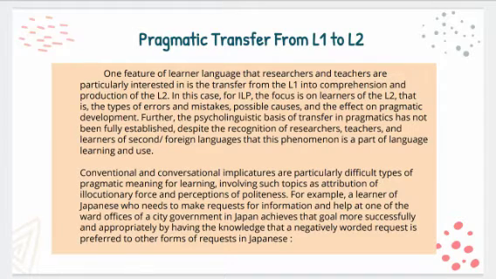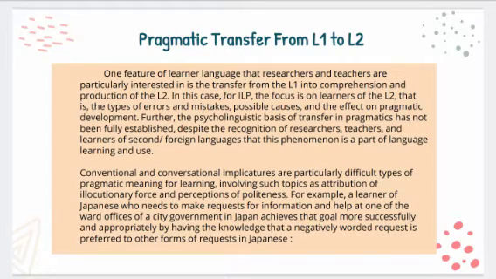Further, the linguistic basis of transfer in pragmatics has not been fully established, despite the recognition by researchers, teachers, and learners of a second language that this phenomenon is a part of language learning and use.